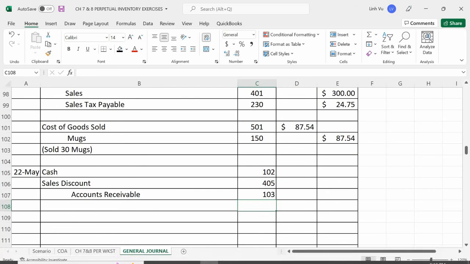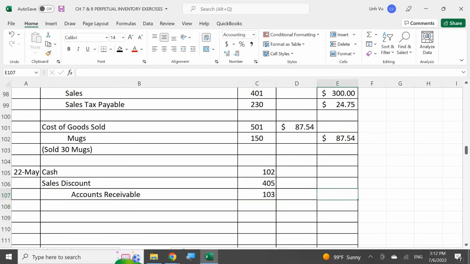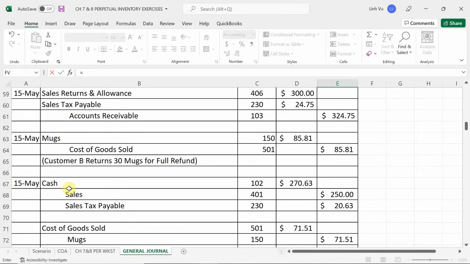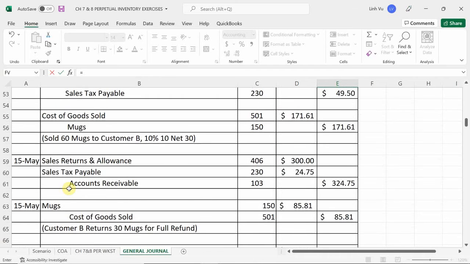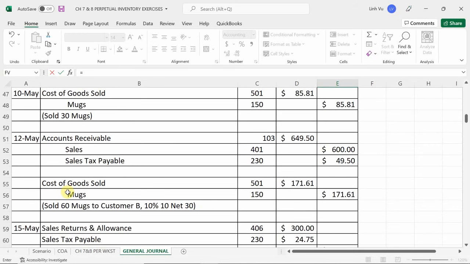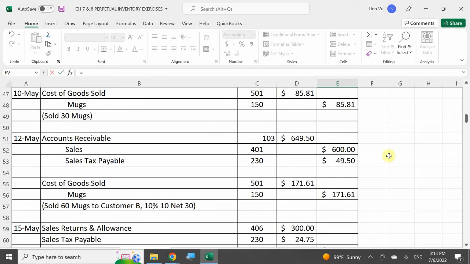So in this case, let's calculate how much in grand total customer B actually owes me. The transaction happened way back on the 12th of May. Here you go, accounts receivable for customer B. Customer B was originally charged a total of $649.50.